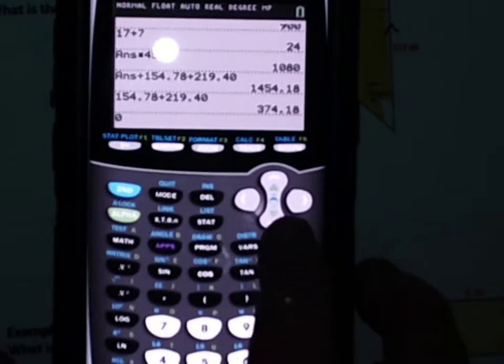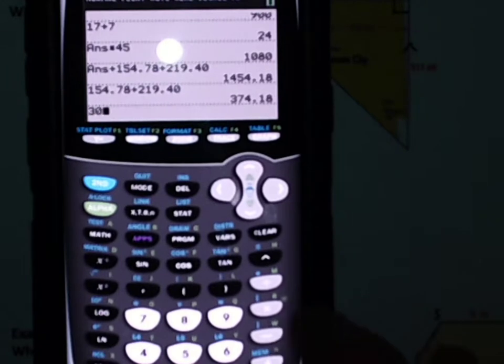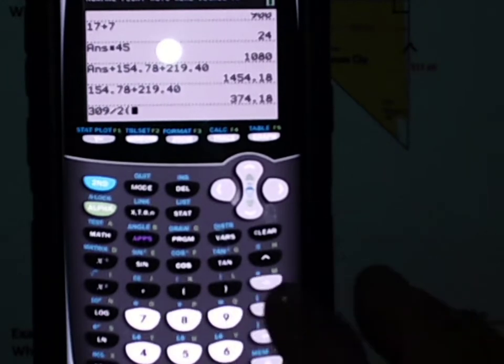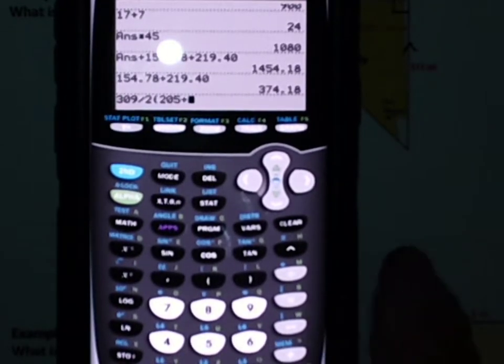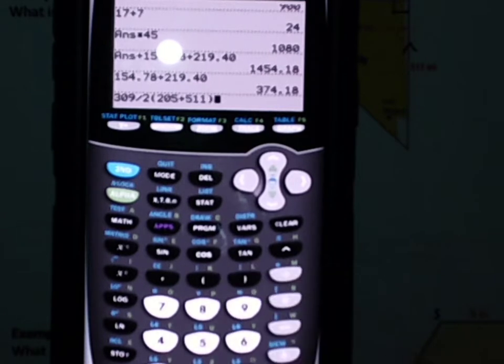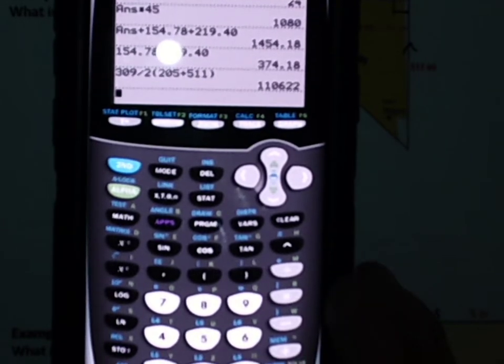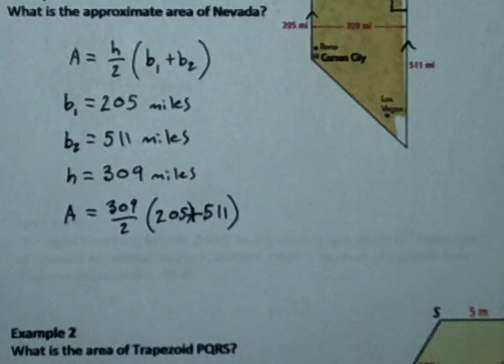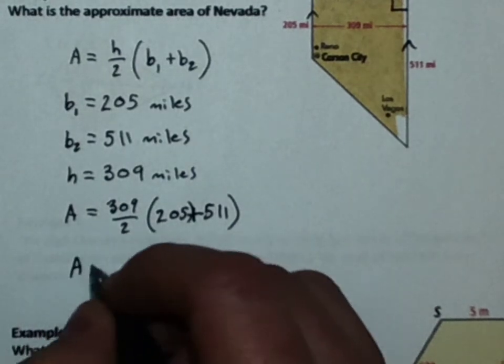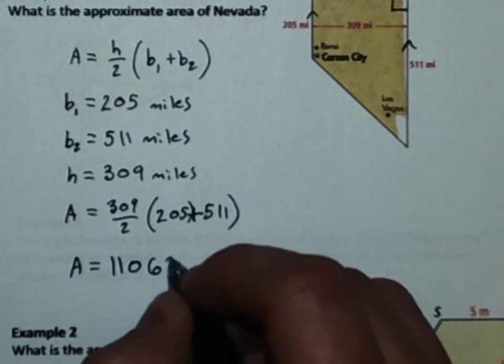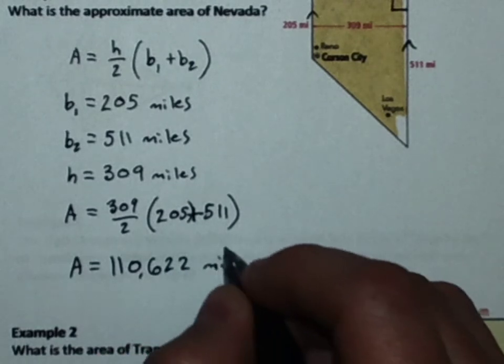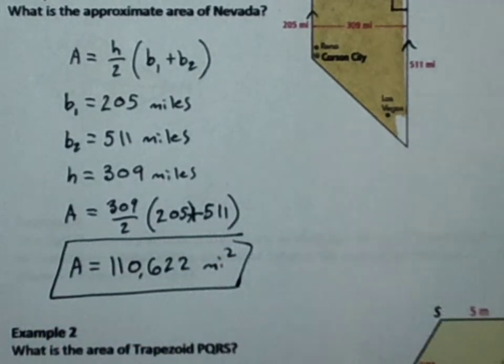So we take out our calculator and we are going to take 309, divide that by 2, multiply that by 205 plus 511, enter, and you get the area of 110,622 square miles. And that would be the area of Nevada.